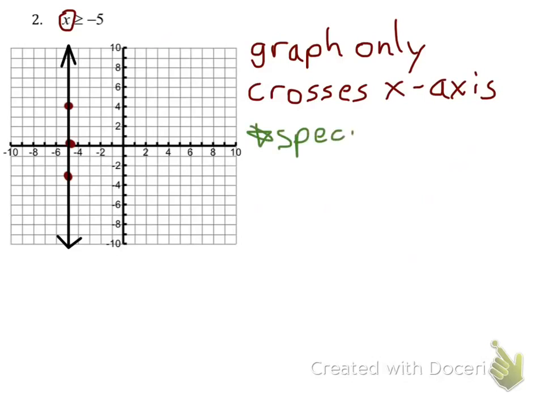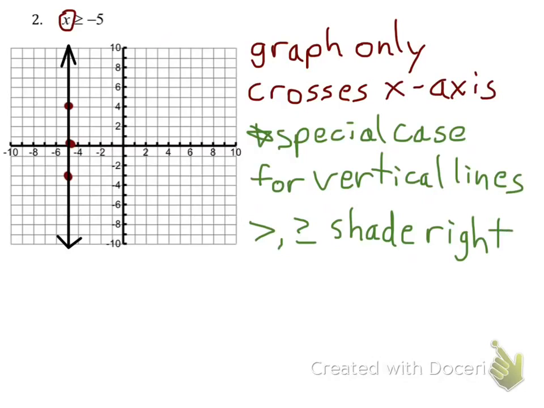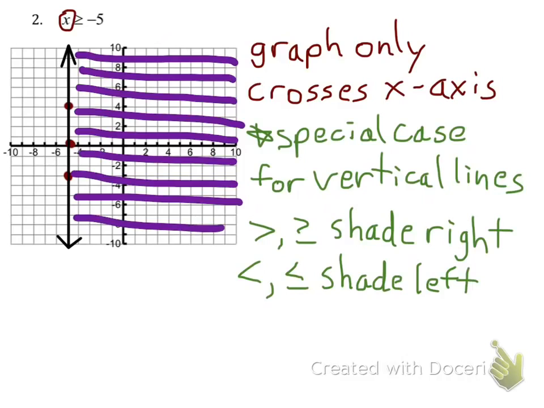So since this is a special case, we have another rule for how we shade. The vertical line either shades left or right. If the inequality sign is greater than or equal to, we shade to the right. If it's less than or equal to, we shade to the left. Our problem is greater than or equal to, so we are going to shade everything to the right.